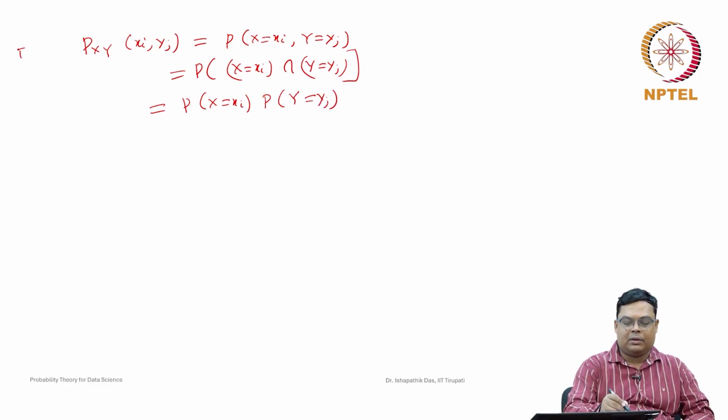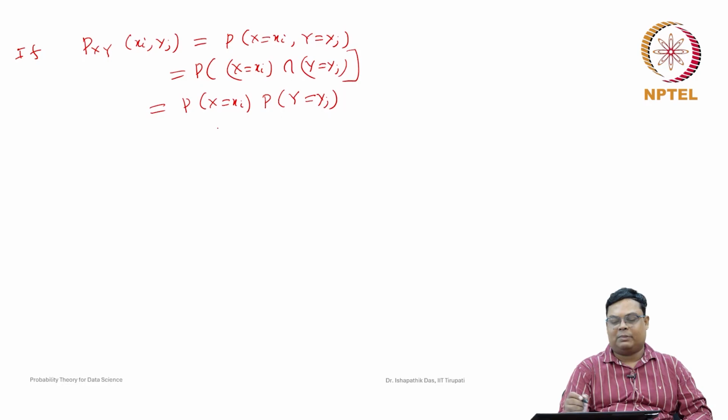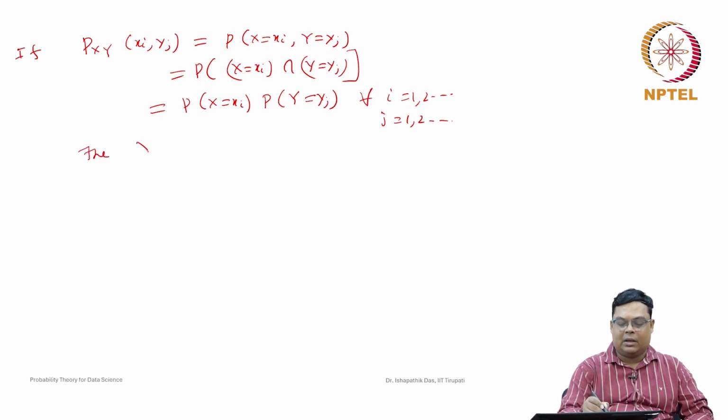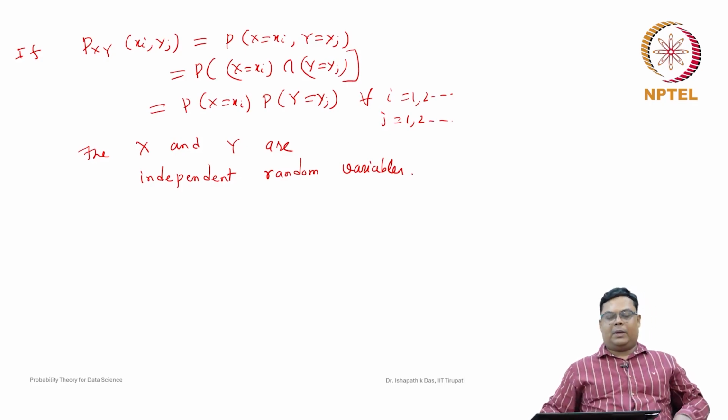So, if this condition is satisfied, it may not always be satisfied. If this condition is satisfied for all i and j, then x and y are independent random variables.